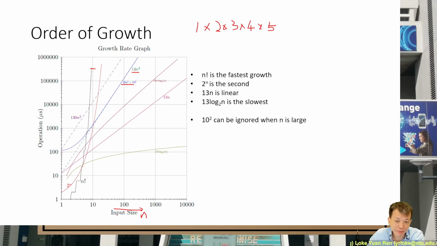Your n grows 10 times, and that 100 you can basically ignore. So normally we will ignore all these terms. We only look at the highest power term, the polynomial term. In the earlier example, we only look at the n cubed. That particular term is more important because as my n increases, it will grow very fast. If you have an additional n squared term or n, you can basically ignore it.